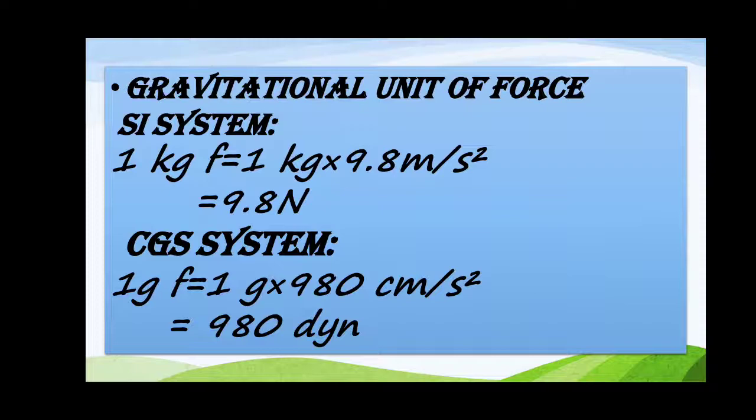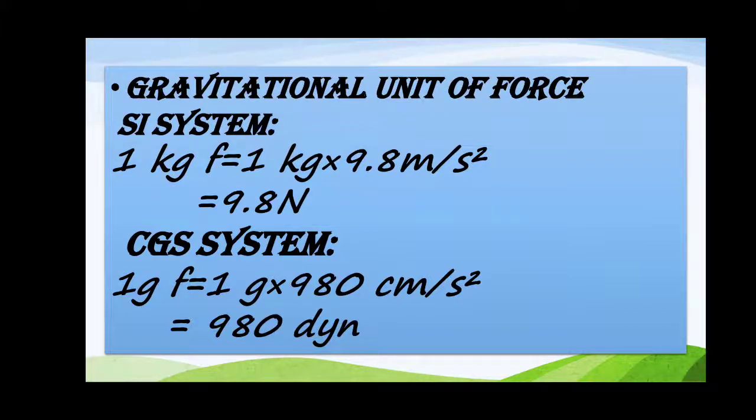So here the acceleration is equal to the acceleration due to gravity. Okay, so when any object falls vertically downwards with a mass of 1 kg and accelerating at a rate of 9.8 meter per second square, we say that 1 kilogram force is acting on that object.